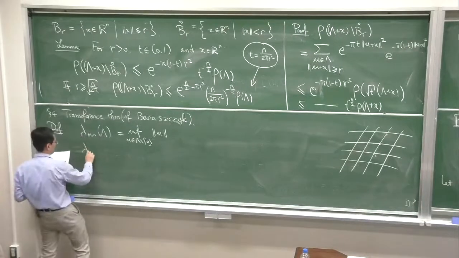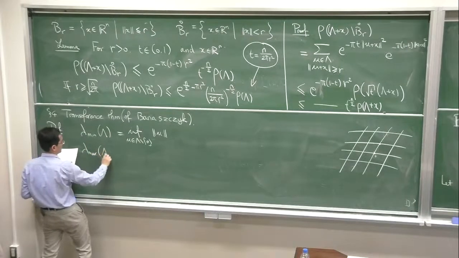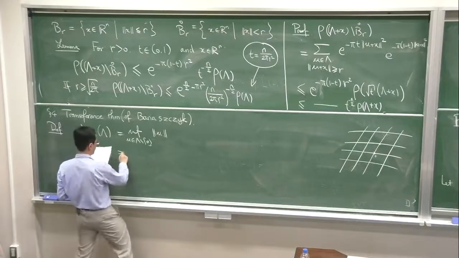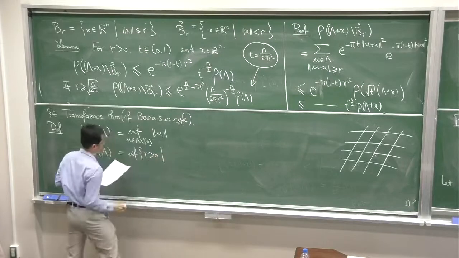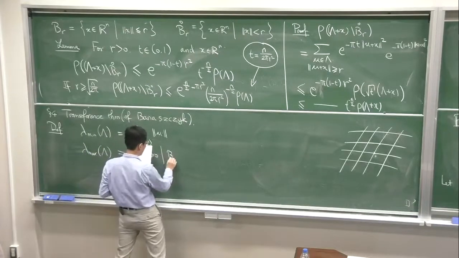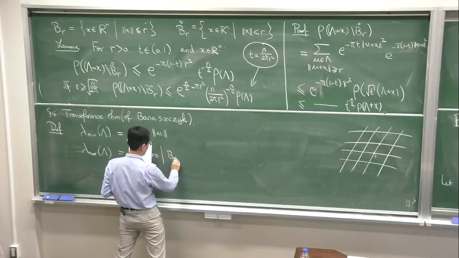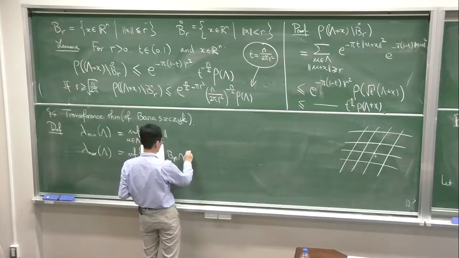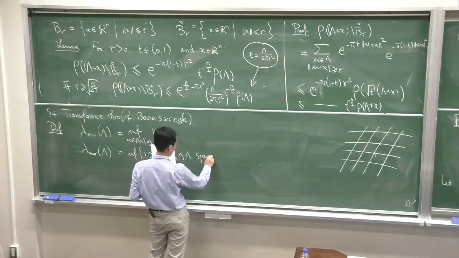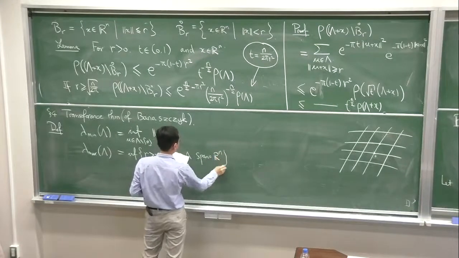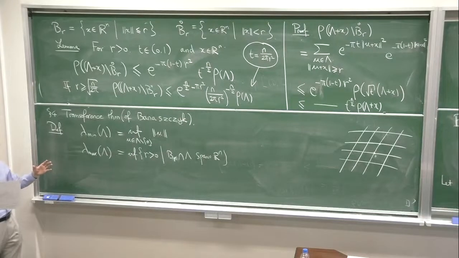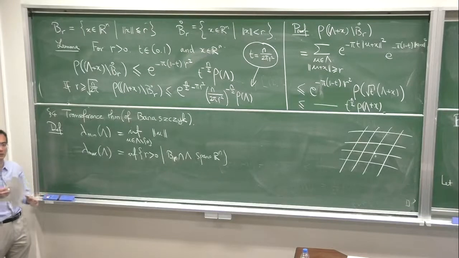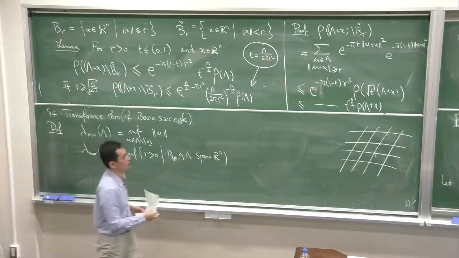So lambda max of lambda is the infimum of R positive, such that B_R intersection with lambda spans R to the power n. So that is the boundary where you can find a basis of the vector space generated by the lattice.